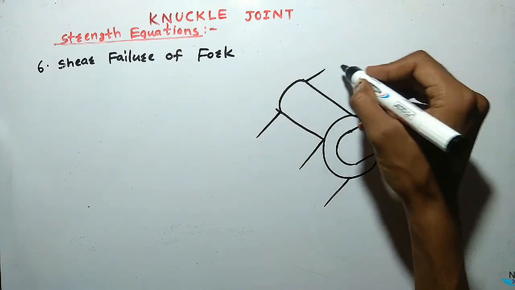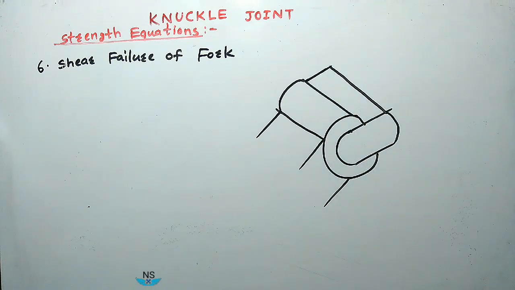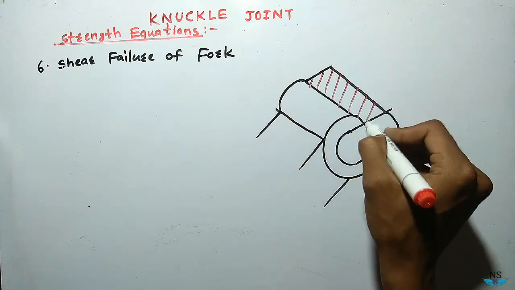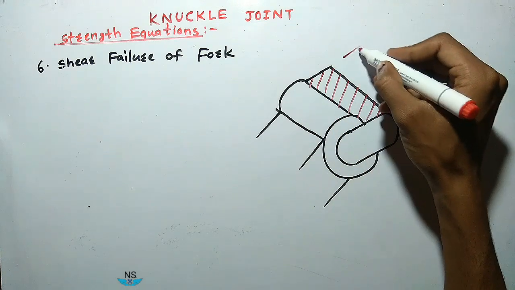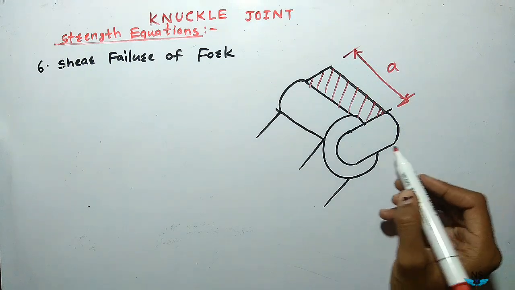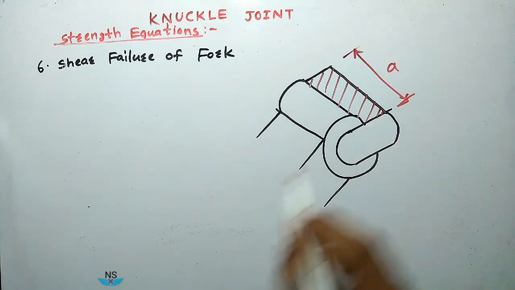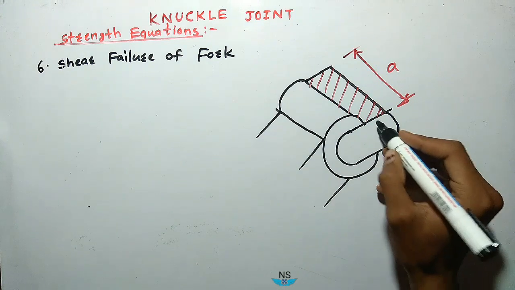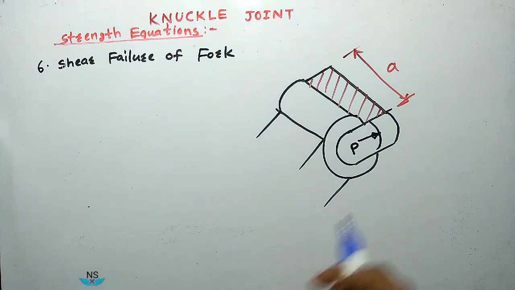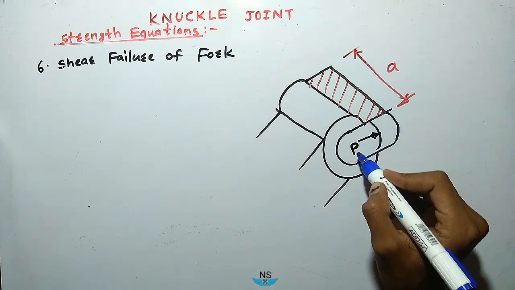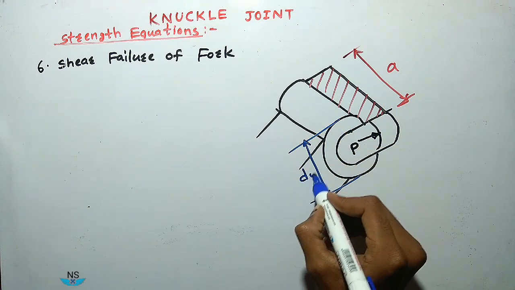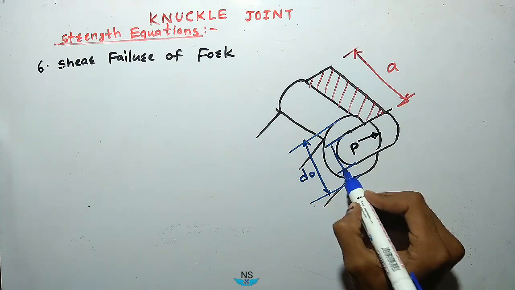Shear failure of fork takes place like this. So this is the A, that is thickness of fork. This is force P. Due to force P, shear failure of fork will take place. Now this is the diameter of eye of fork, D naught. This is the diameter of pin, that is D.